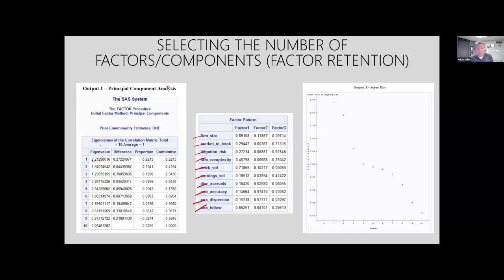We've got 1, 2, 3. But our fourth eigenvalue is essentially 0.99 if we do some rounding. That's about as close to 1 as we can get, right? So should that fourth factor be a factor? Under the Kaiser criterion, no, because it's less than 1.